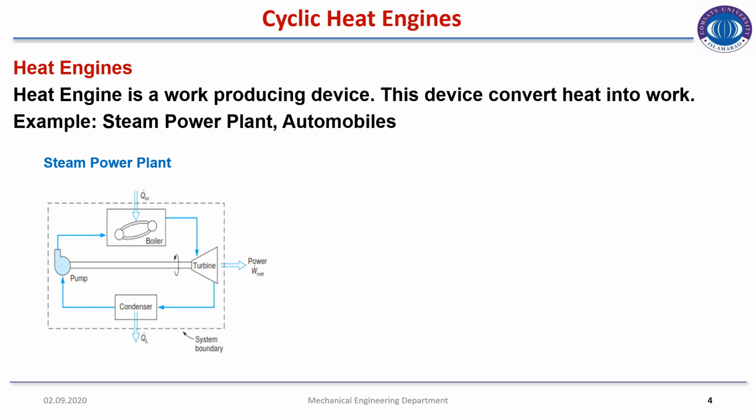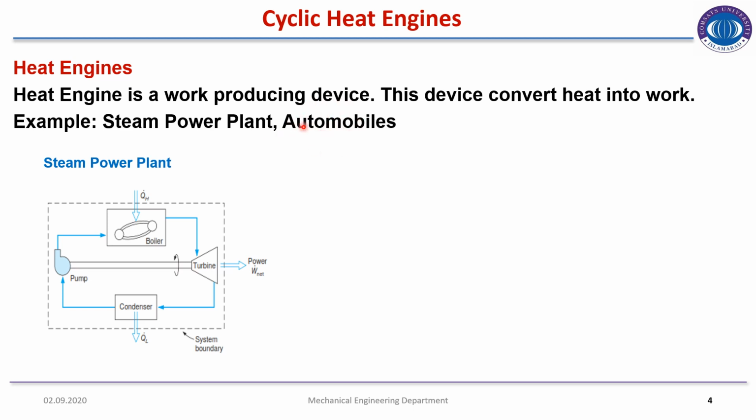As you know, in automobiles there is an engine, and we supply energy in the form of chemical energy. We burn petrol or diesel in the engine of the automobile.